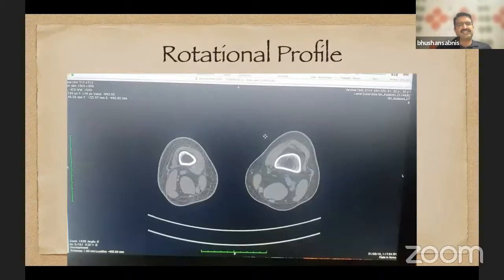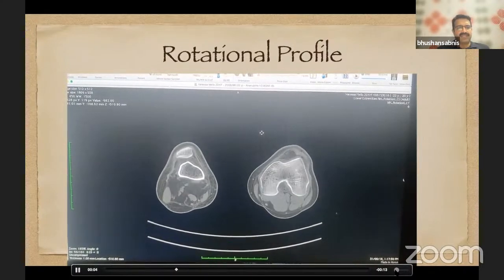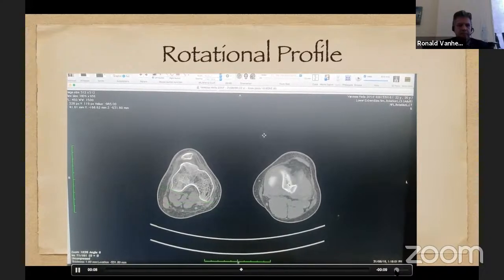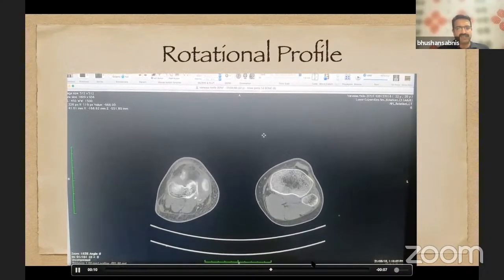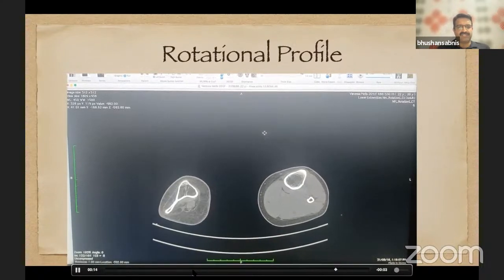So that's her CT rotational profile. If you look at the side, of course, there is wasting of muscles. There is less bone density as expected. And you can see the stump which is coming there now.